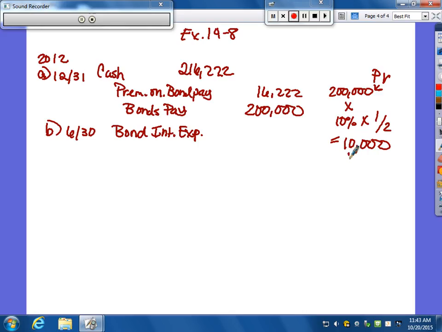Just like it was on the last problem. My cash interest. Cash. So debit to bond interest expense, debit to what else? Premium on bonds payable. And then a credit to cash. We already know the cash amount is 10,000, right?